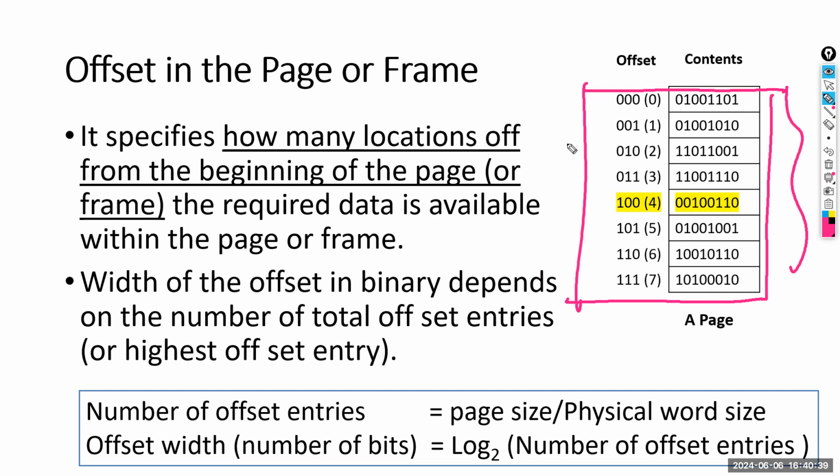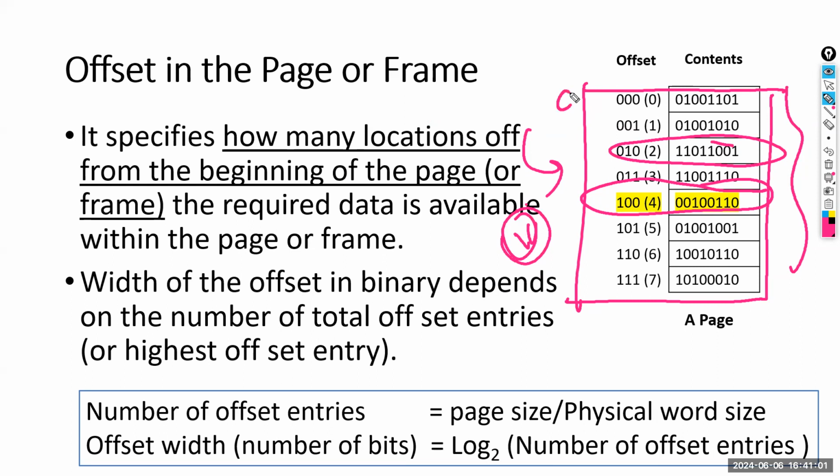Once you know the page number or the frame number, you must know exactly which content you are referring to. This page may have 10 memory contents. So how do you refer to a particular memory content in that page? We use the concept called offset.